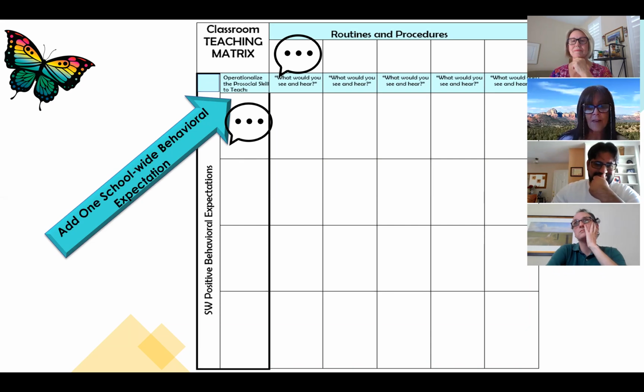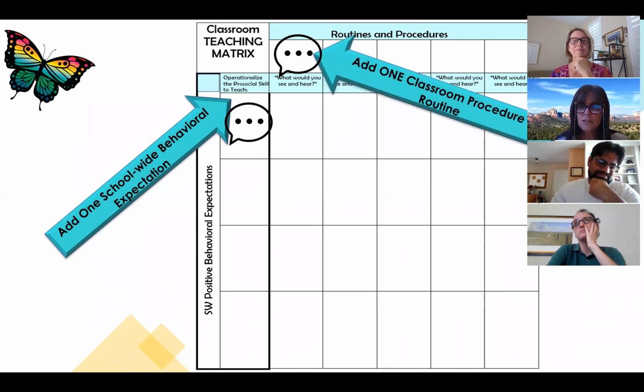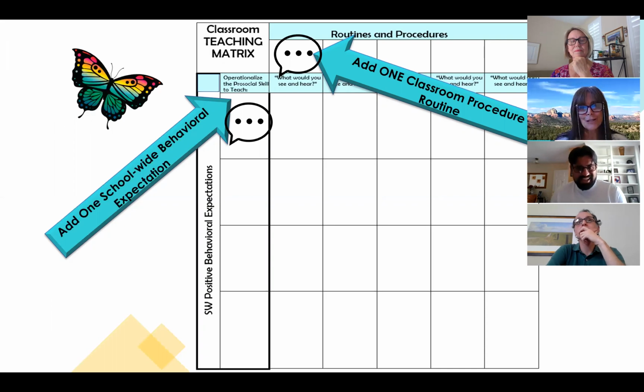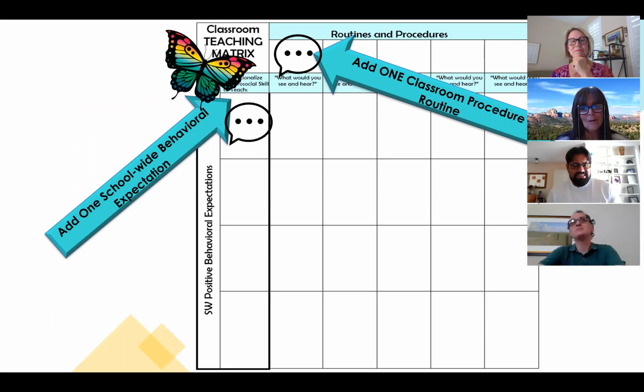Write that in the upper left-hand box. Then above that, write a routine or procedure that you are using right now in your virtual classroom, or one that you use in your physical classroom. So you're going to personalize this matrix right now. Those are the only directions, just 2 things to write down, or if you'd like, just put them in the chat box.